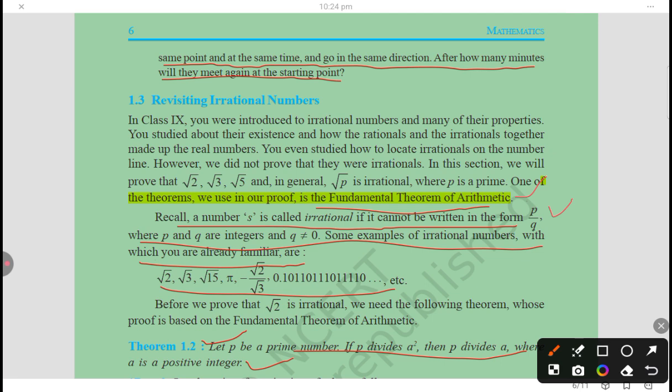Some examples are irrational numbers with which you are already familiar: root 2, root 3, root 15, pi, minus root 2 by 3, 0.10110111..., etc. Before we prove that root p is irrational, we need the following theorem, whose proof is based on the fundamental theorem.